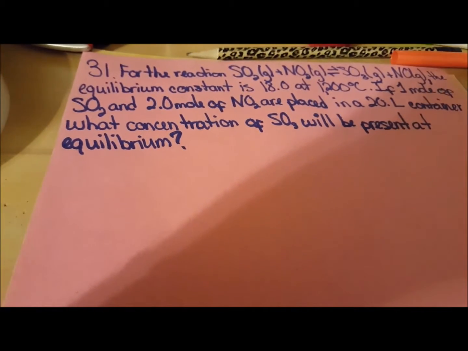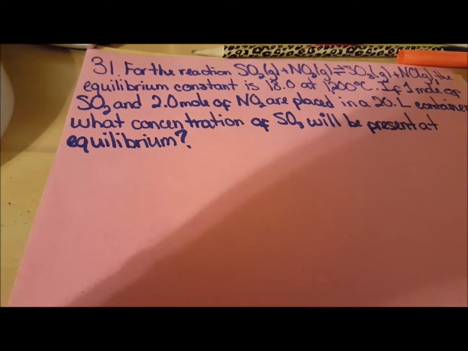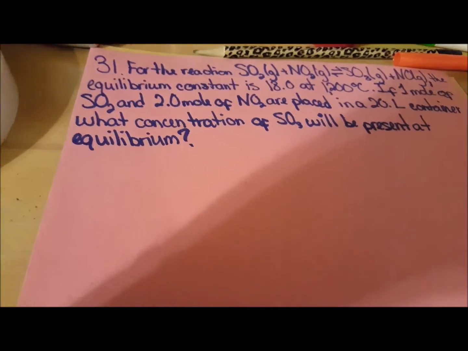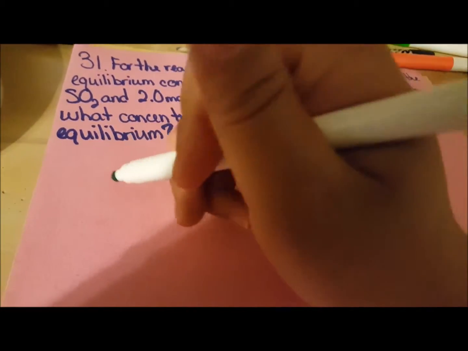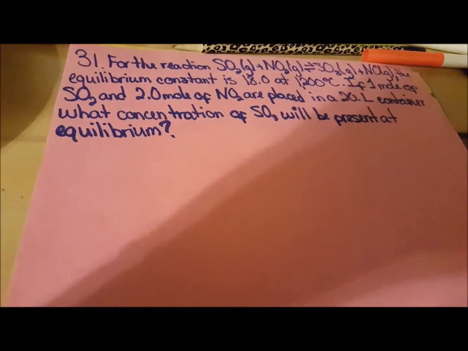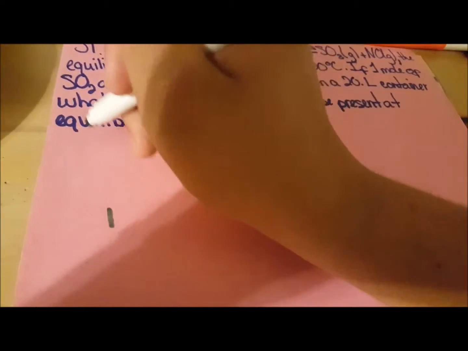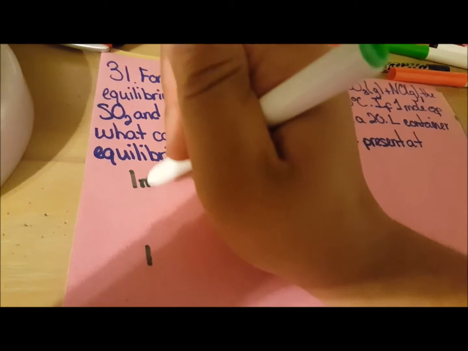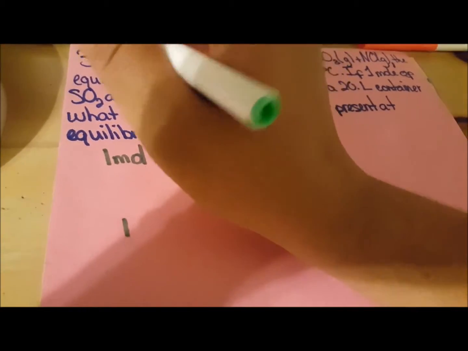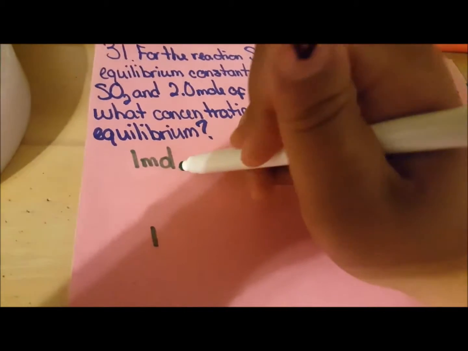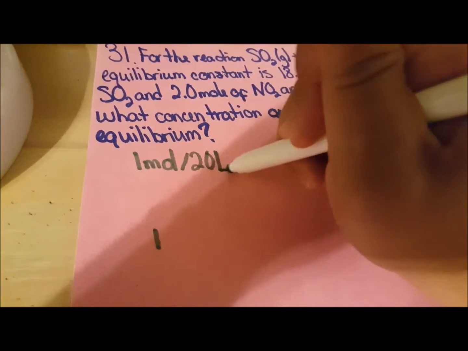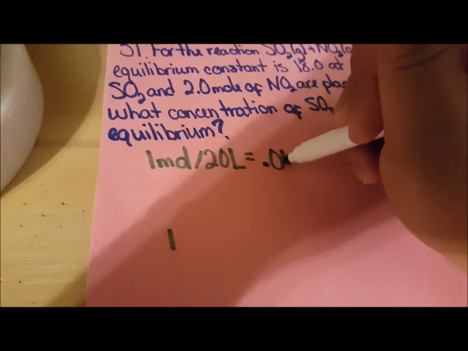So in order to find this, we can break it down into 1 mole divided by 20 liters is equal to 0.05 molarity.